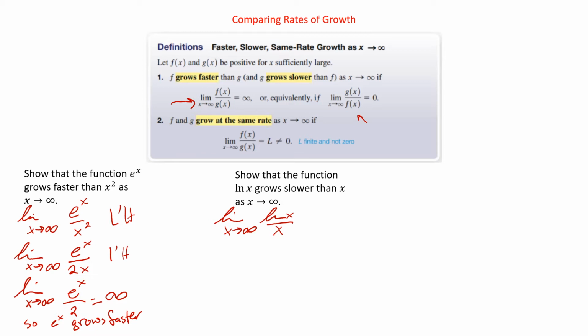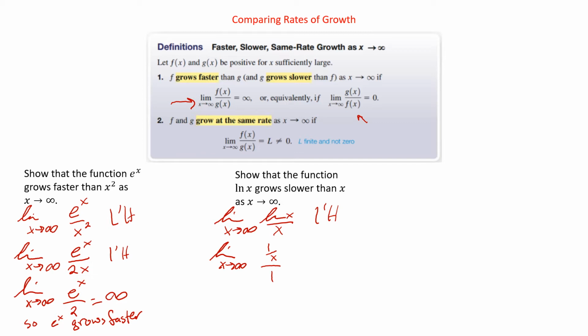If we plug in infinity, we get infinity over infinity because the natural log of x is a constantly increasing function. It will go to infinity eventually. But we have to do something else. So let's use L'Hopital's rule again. So we get the limit as x goes to infinity of the derivative of natural log x, which is 1 over x, over 1, which is just 1 over x.